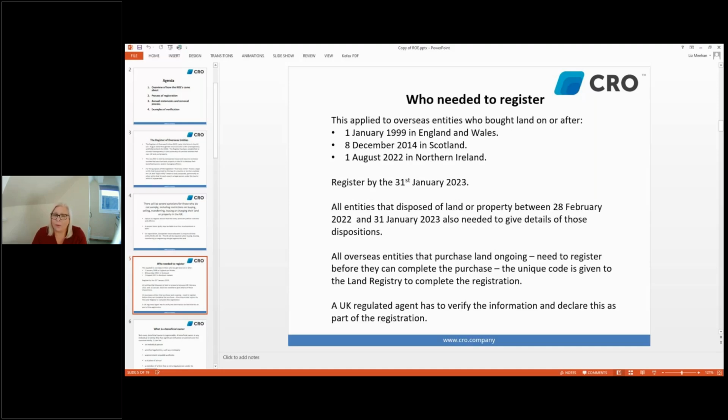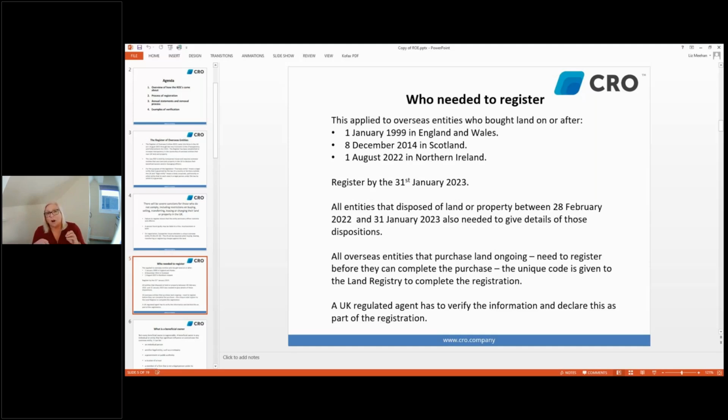Some of you may be aware that there are other changes coming into force under the ECCT Act next year for UK companies, and we're going to have to verify directors and PSCs. But this was the first time that we've seen where they put an agent in place. They'd have to be registered with Companies House. They'd have to be registered under the anti-money laundering regulations as well. And this was the first time that we'd seen this for UK companies.